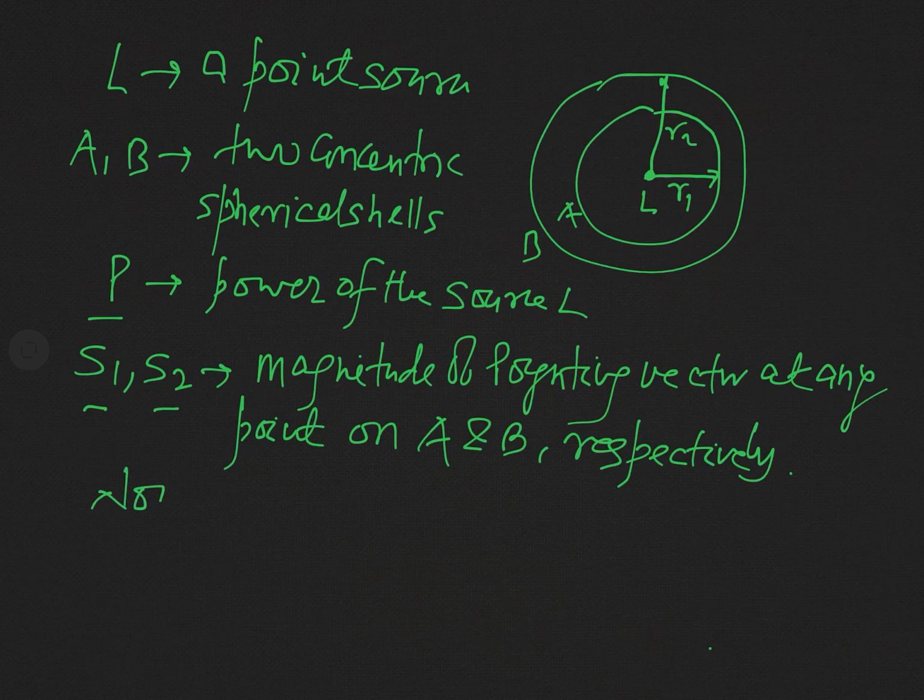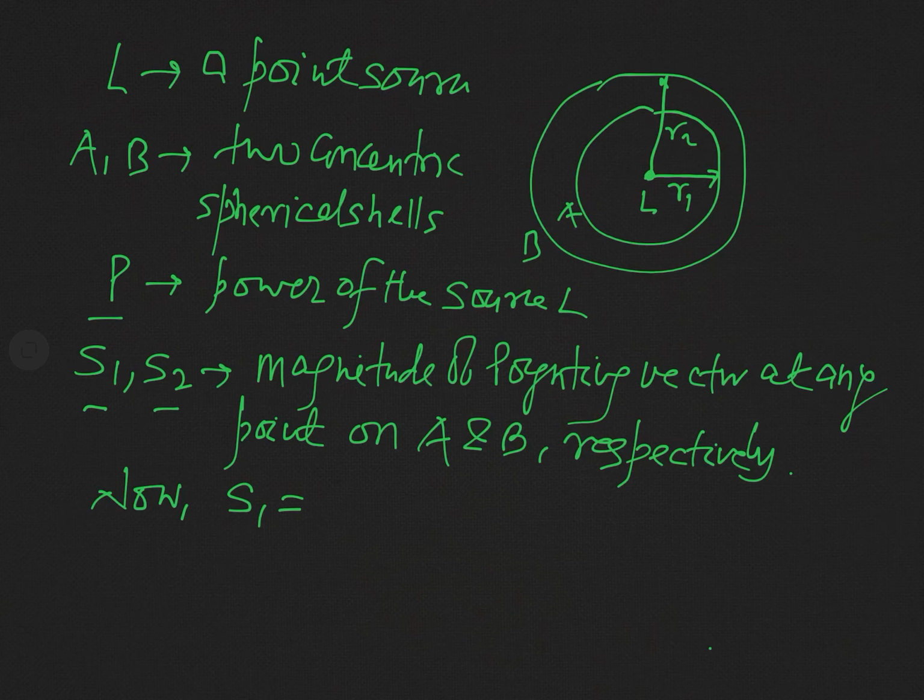S1 is the energy passing through unit area of the spherical surface A in unit time. And energy flowing per second is power. So S1 is the power passing through unit area of the surface A.